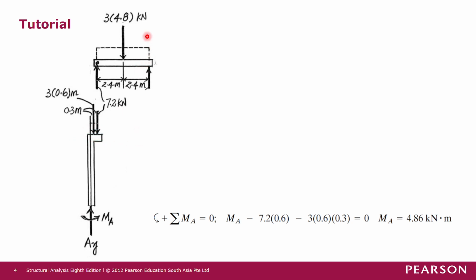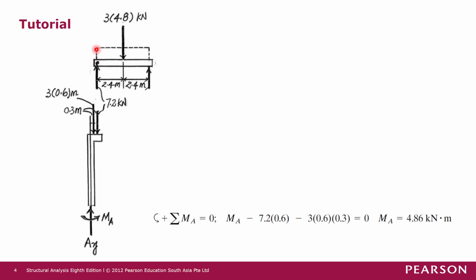To solve for the simply supported beam part, let's look at this free body diagram first. This beam has a span of 4.8 meters and is subjected to a 3 kilonewton per meter length uniform load.